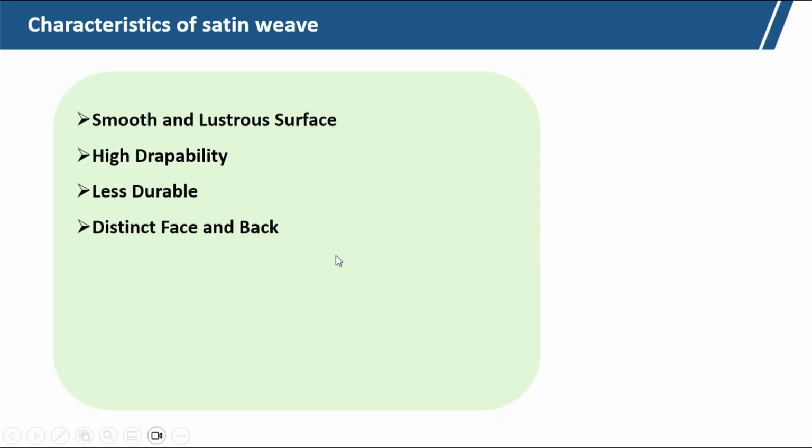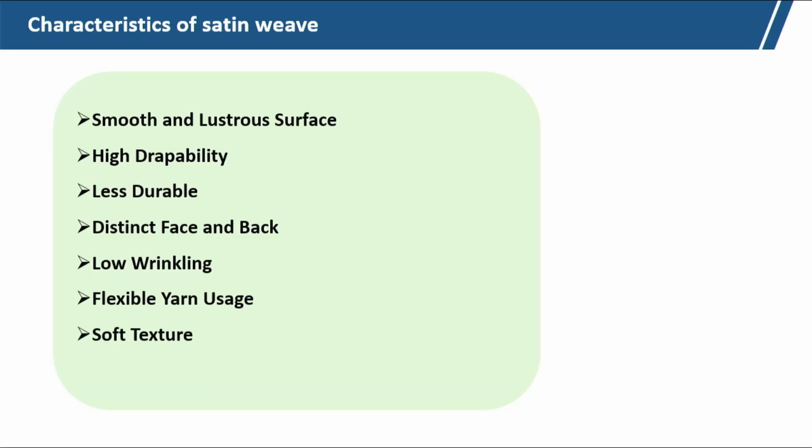Distinct face and back, as I have mentioned, we can create a different face and a different back using this satin weave. Low wrinkling, flexible yarn usage, we can use different types of yarns, and a soft texture because of the higher float.